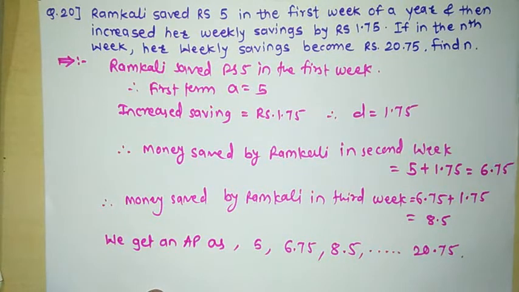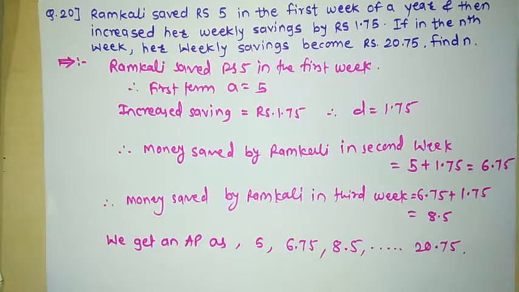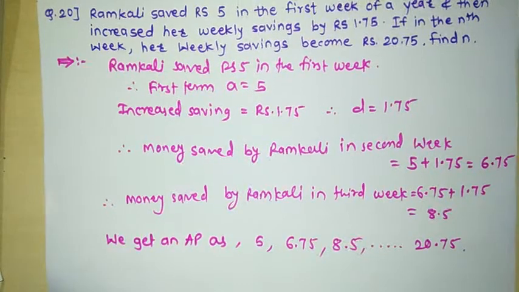We got here an AP. Now we have to find the nth week. In the nth week, her saving will become rupees 20.75. That we have to find here.